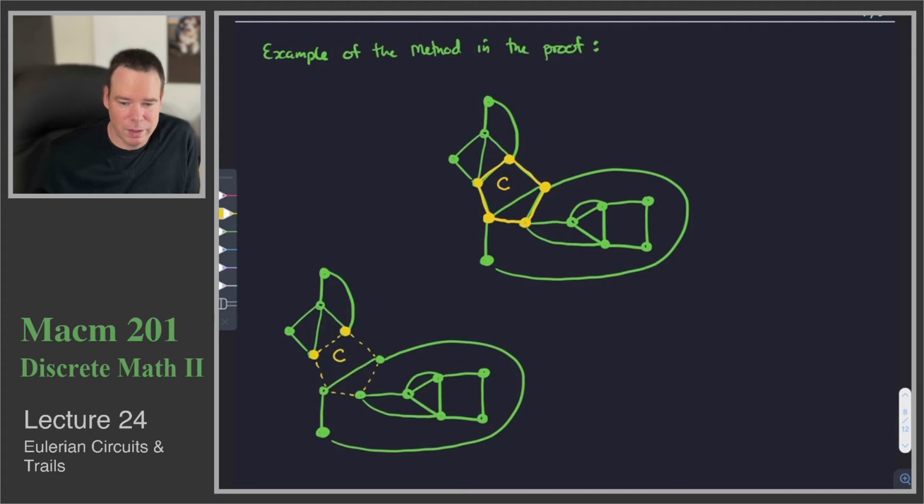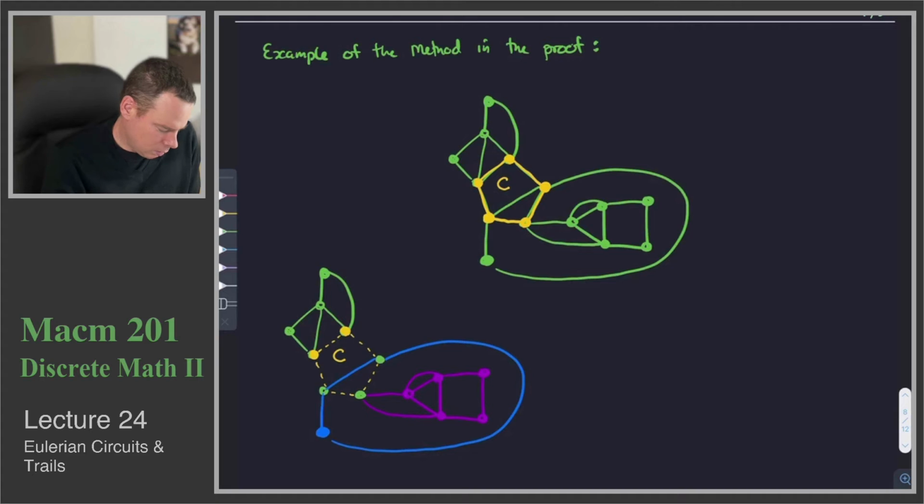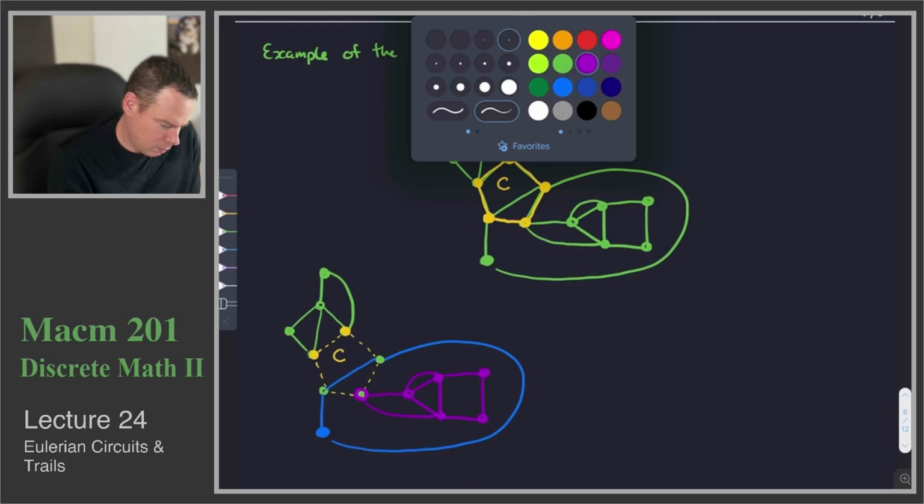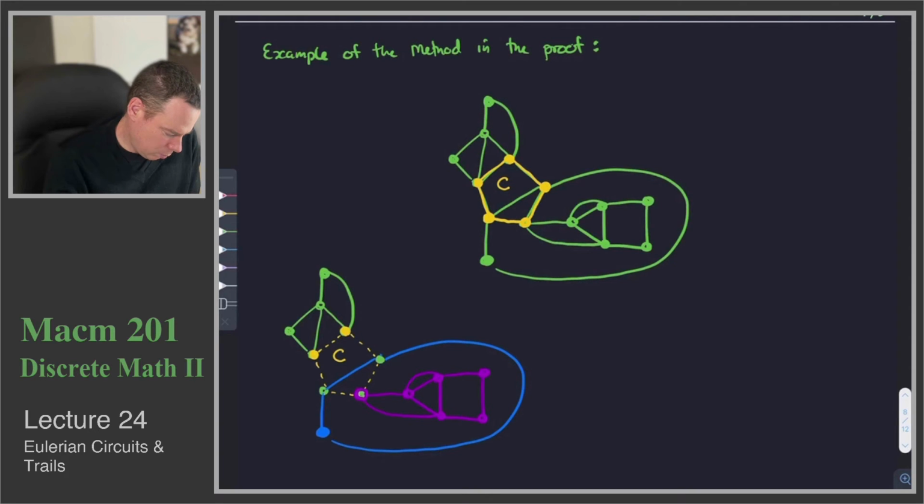Once I've removed those edges, I actually just split the graph up into a bunch of components. What are the components? Let's see if we can color code them here. So there I've got my 3 components. I'll identify the vertices that were on that original C as to which component they belong to, and then lastly for this green one as well.